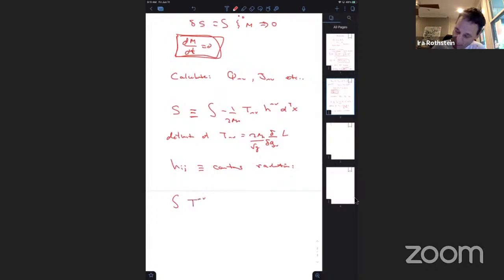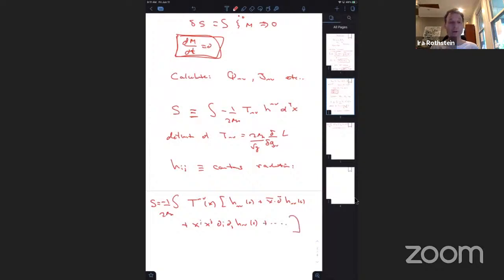So we're going to write S as -1 over 2m Planck. Okay, so we're just following our noses from what we did before.